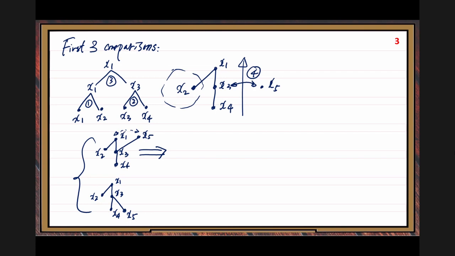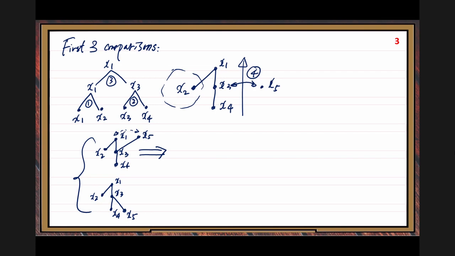So use your imagination. In our human brain, we can do a lot of nice imagination. So use that. Because our goal is to get all the elements in order, that's our destination. When we do comparison, we move toward that goal.